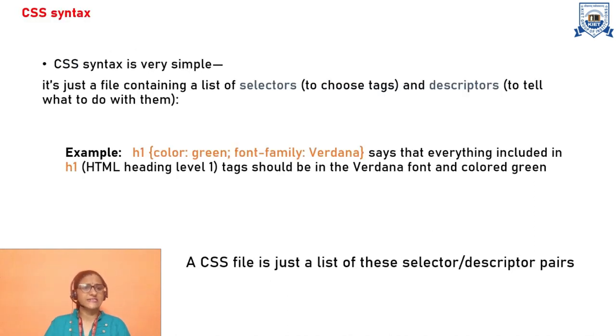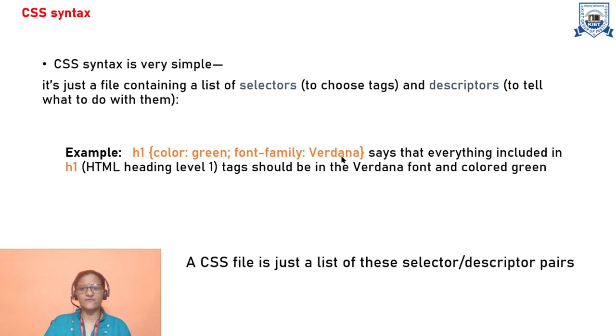Now, the CSS syntax is very simple. It's just a file containing a list of selectors to change tags and descriptors to tell what to do with them. For example, if you're talking about this H1, now the attribute is color and the value is green.